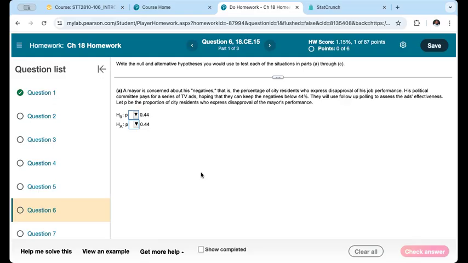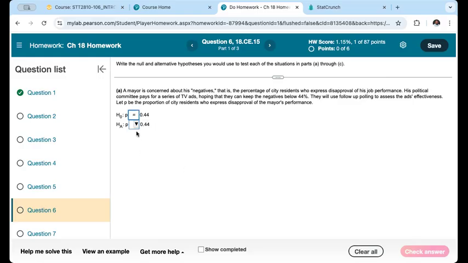In question 6, we are trying to answer A through C. So A expects us to be able to what? Write the null hypothesis and then the alternative. So when you click on this one, what do you think the right answer should be for the first one? Equals. Do you all agree with that?